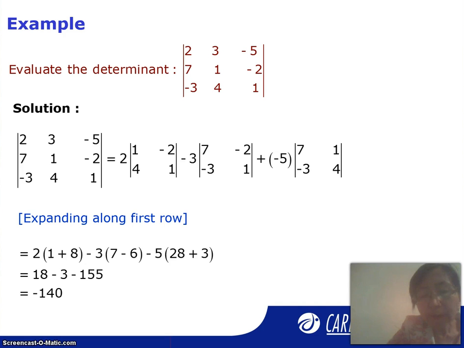So we have 2 multiplies 9, we have 18. 7 minus 6 equals 1, multiplies 3, we have minus 3. And minus 5 multiplies 31. We have minus 155. As a result, we have minus 114.